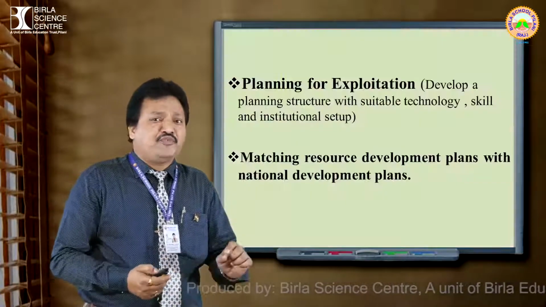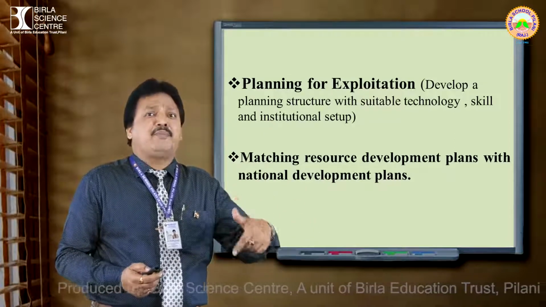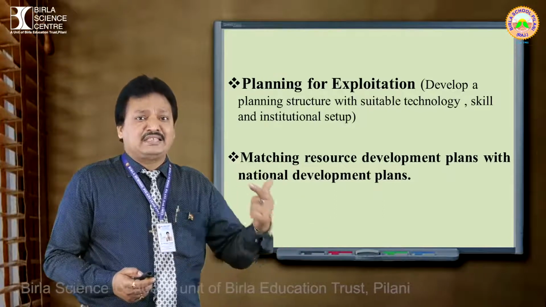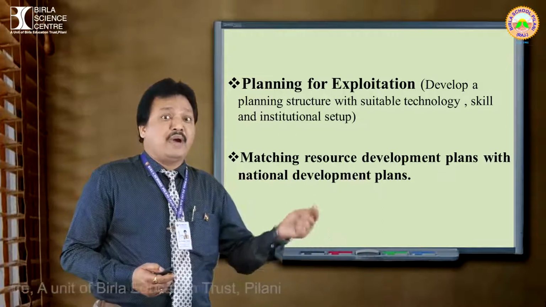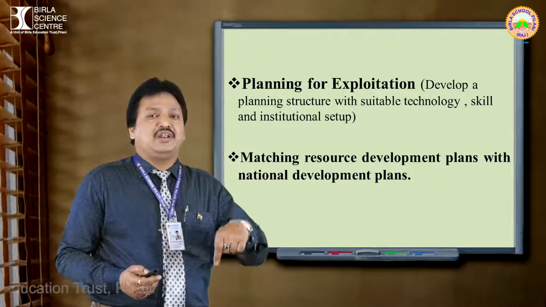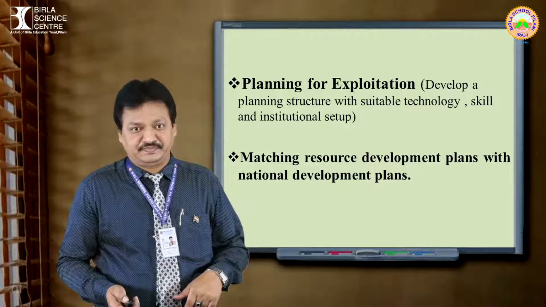Second, planning for exploitation, which includes developing a planning structure with suitable technology, skill and institutional setup. Then matching resource development plans with the national development plans also. Then we can achieve it.